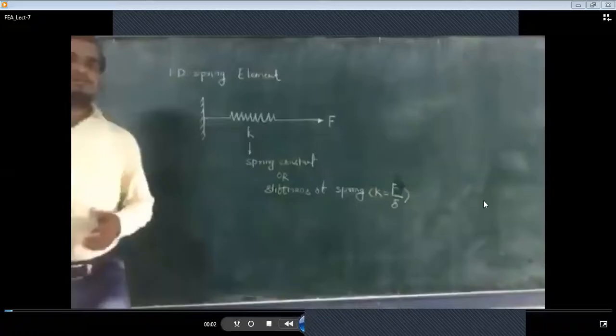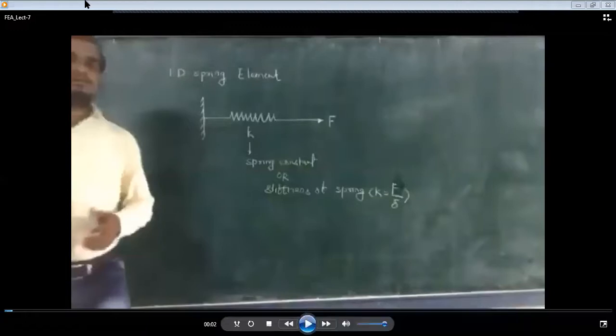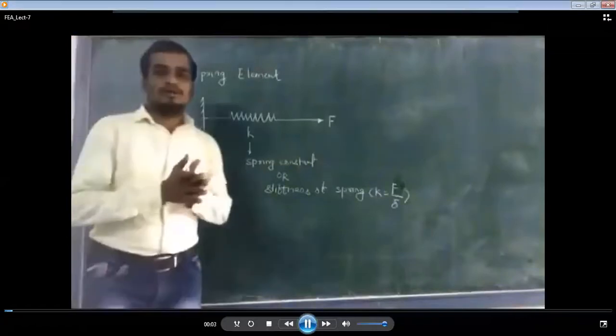Okay, this is the video lecture for the one-dimensional spring element. Here I have derived the one-dimensional stiffness matrix, or global stiffness matrix, for the one-dimensional spring element. So I will start this session now.